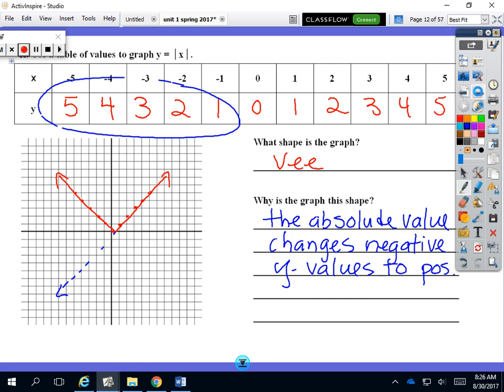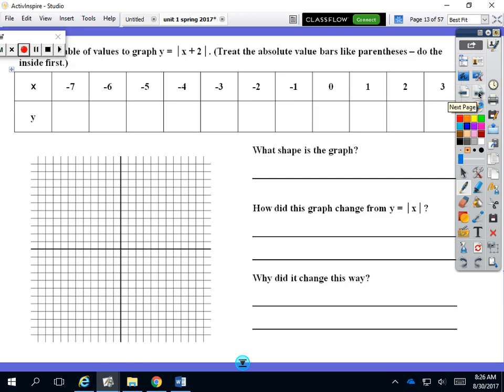Now, the next graph we look at is still an absolute value graph. However, looking at the function, we've got y equals absolute value of x plus 2. So I've got not only x inside my absolute value, but I have x plus 2. You can go ahead and put this in your y equals menu in your calculator.